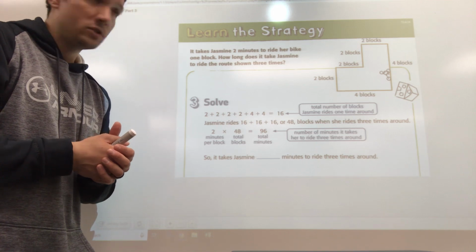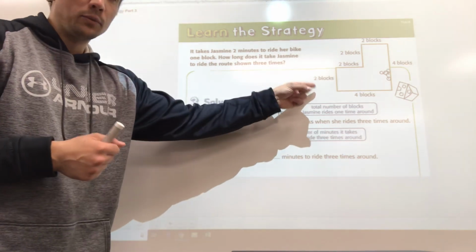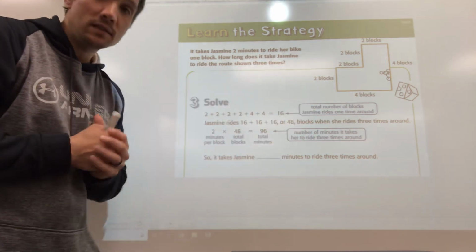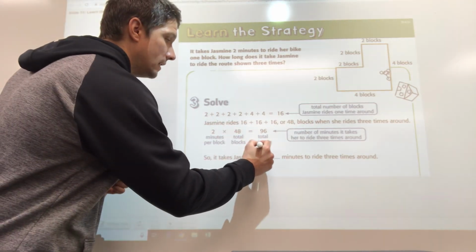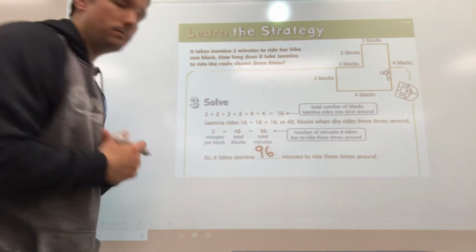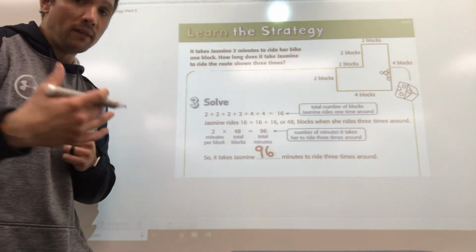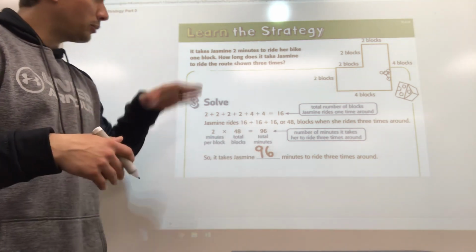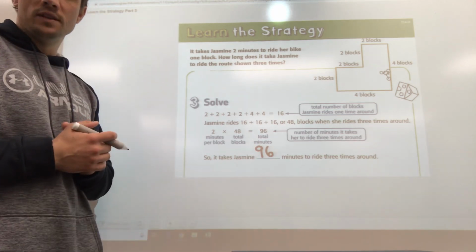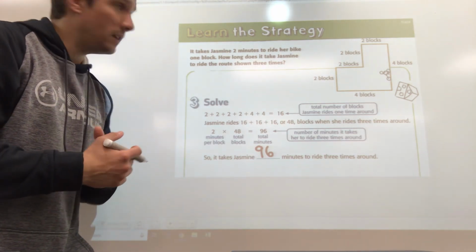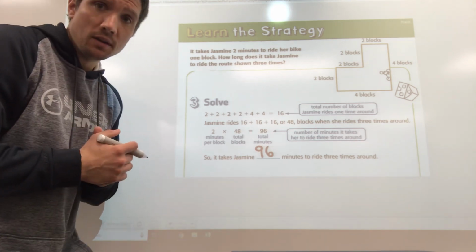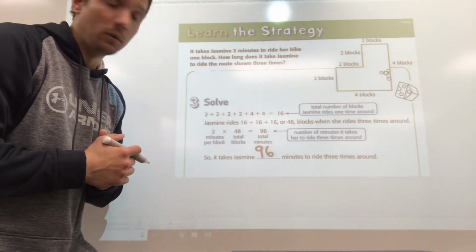That is our total. So again, she rode this route 3 times. It takes 2 minutes for every block. She ended up riding a total of 96 minutes. So for that first problem-solving problem, they pretty much laid everything out for us step by step. It was a multi-step problem, so if you need to reread the question a couple times, please do so.